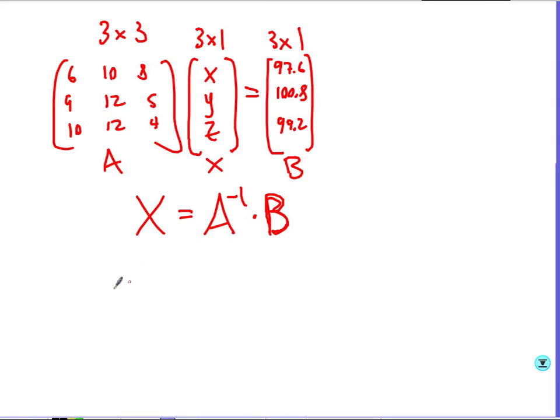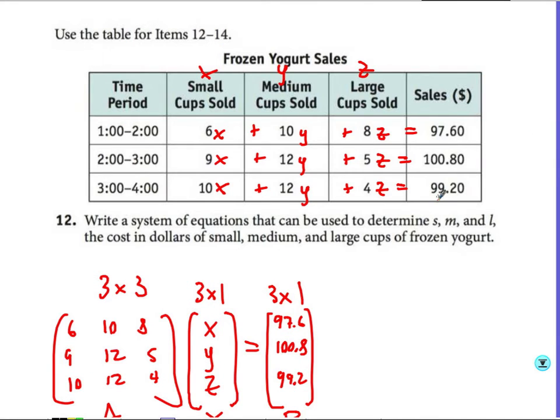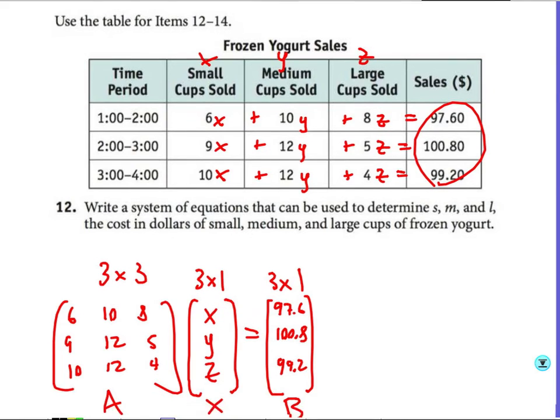So all I have to do to find my answers is to write matrix A: 9, 12, 5, 10, 12, and 4, put the inverse on there and multiply it by matrix B, which are these numbers right here.